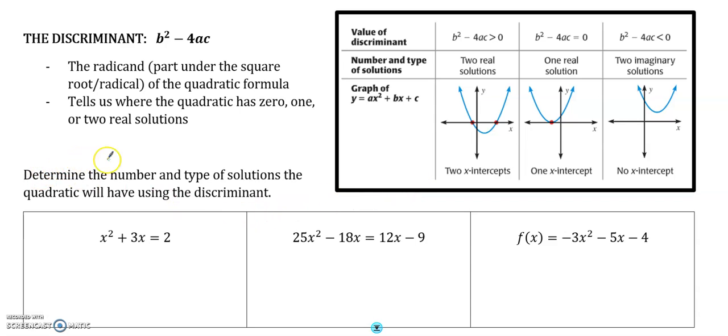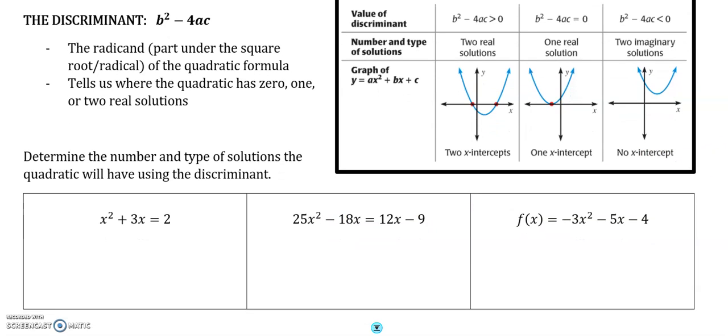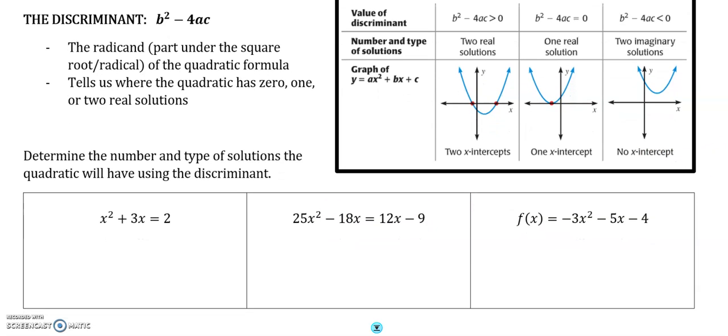It says determine the number of types of solutions that the quadratic will have using just the discriminant, which is that b squared minus 4ac. So our first one we're going to rewrite so we can see what a, b, and c is. We're going to take b squared minus 4 times a and c. 3 squared is 9.